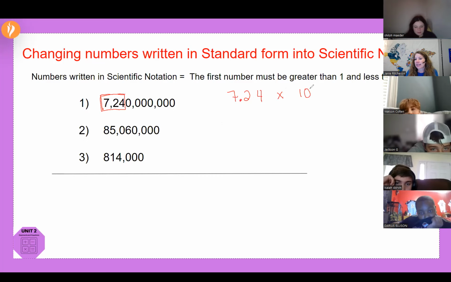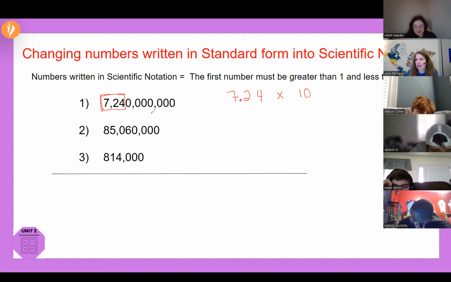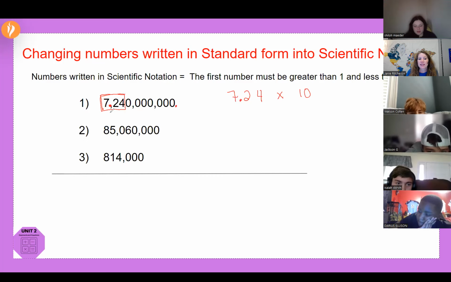How do I get my exponent? How do I know what my exponent is? And how many times do you divide it by 10 to make it that answer? Yes. So first of all, it was sitting at the end and I moved it all the way up here. So how many spaces is that?